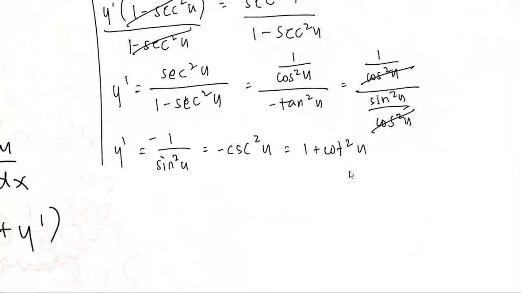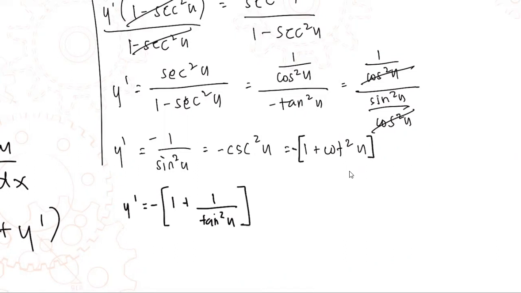So, magiging siyang y prime equals to 1 plus cotangent squared u is, kung ang tangent is sine over cosine, inverse siya ng tangent. So, 1 over tangent squared u. Okay? So, don't forget yung negative sign again. So, may negative tayo dito kanina.